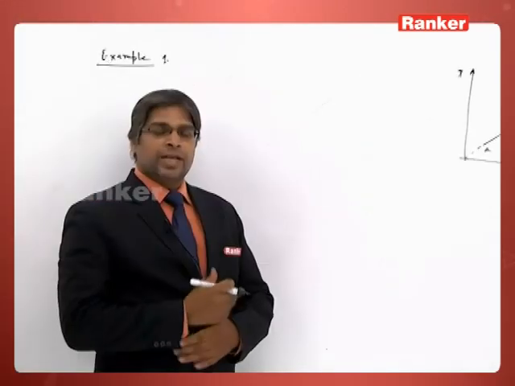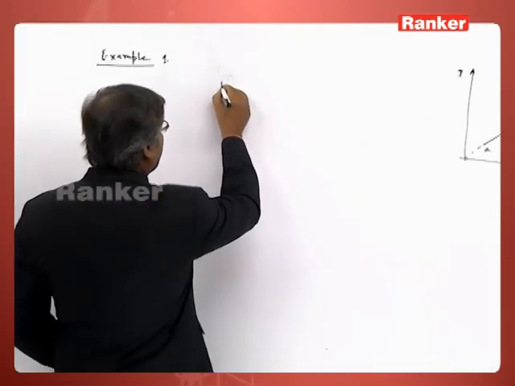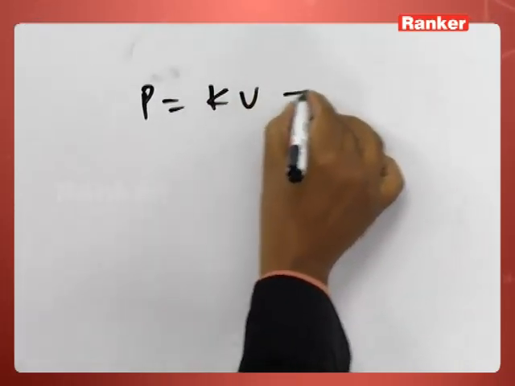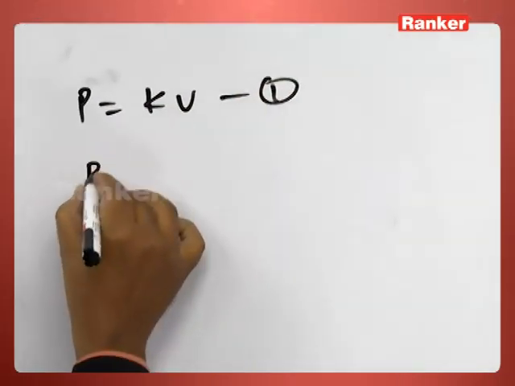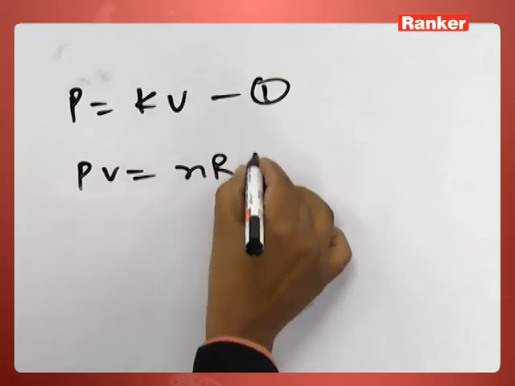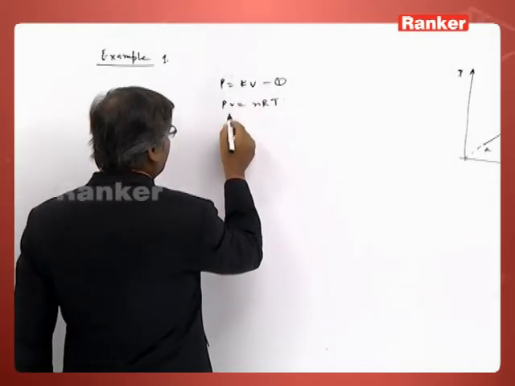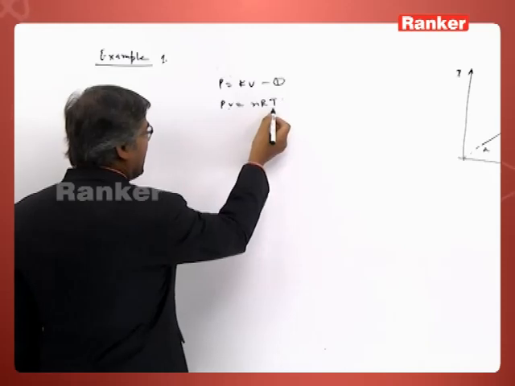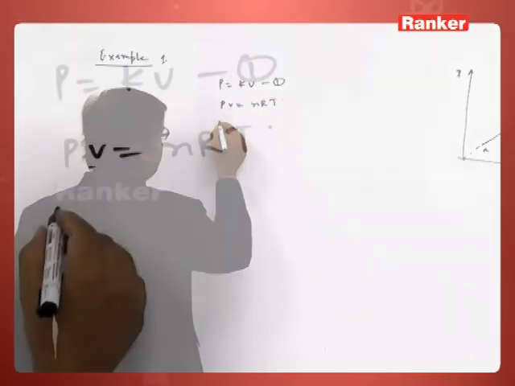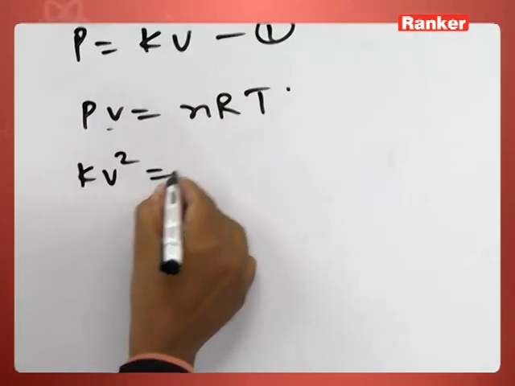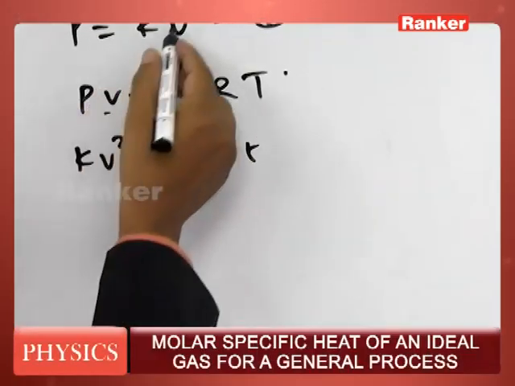Now P is given as kV, and we know that PV is equal to nRT. So what we do, we will calculate V and T. We will eliminate P: kV square is equal to nRT. We put the P value here as kV.